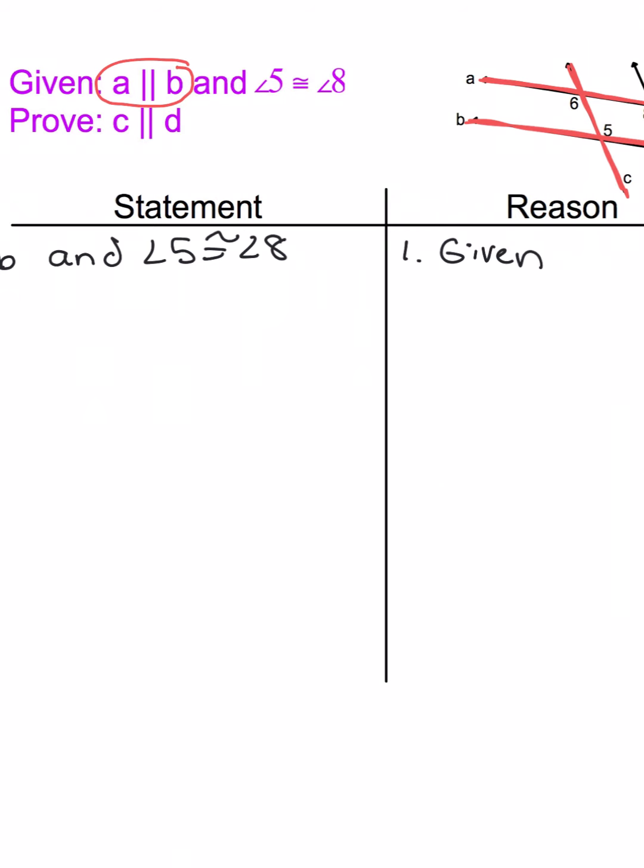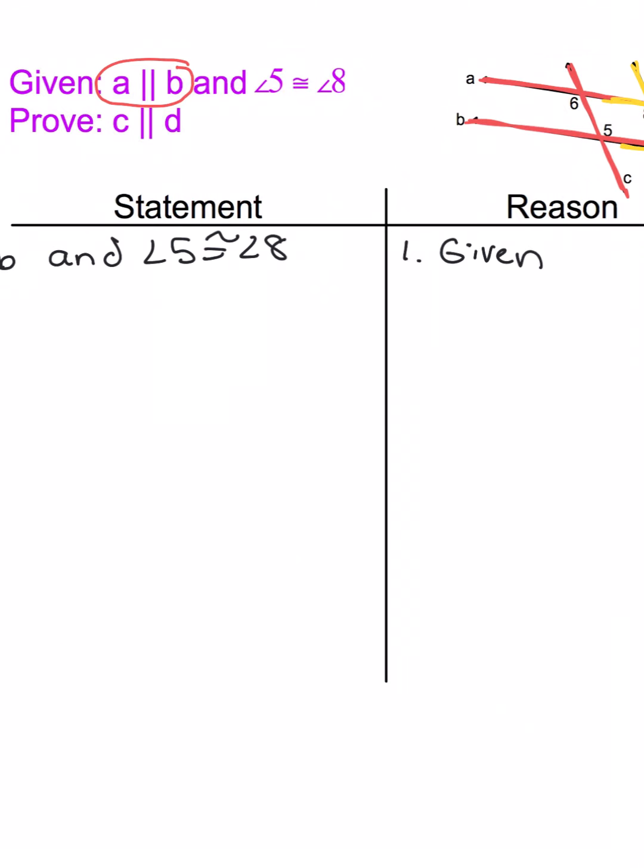Or if I decide to look at the other transversal here, 8 and 7 happen to be what type of angles? Do you see the C? 8 and 7 are consecutive angles, okay? And consecutive angles are supplementary. Now, for us, when we're doing proofs, we try at every single chance we have to not use consecutive angles.